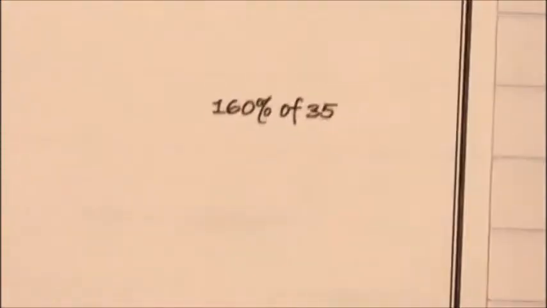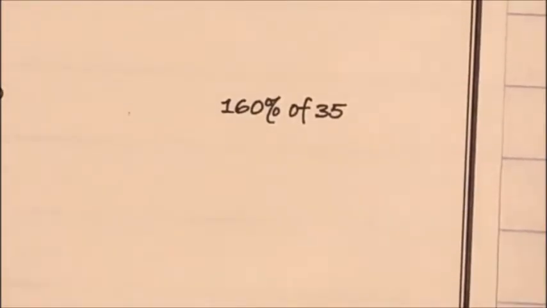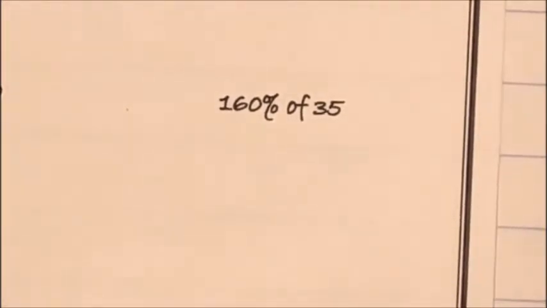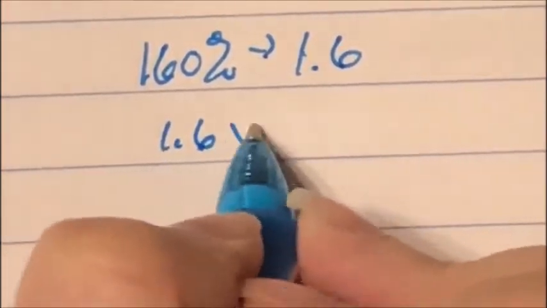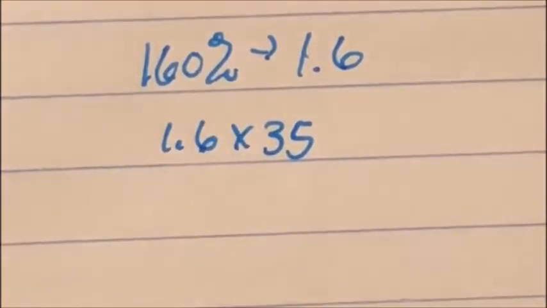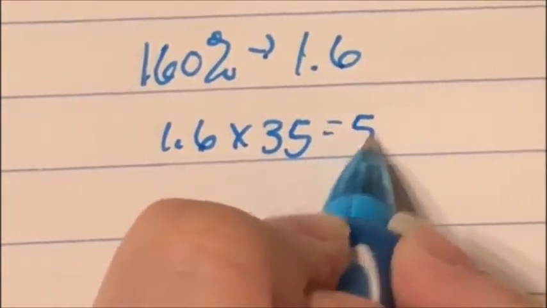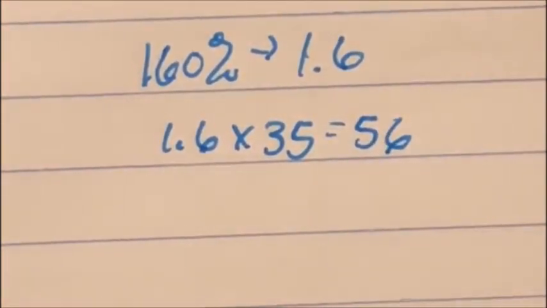Okay, I have 160% of 35. So that changes to 1.6. 1.6 times 35 will give me 56, and 56 is my answer.